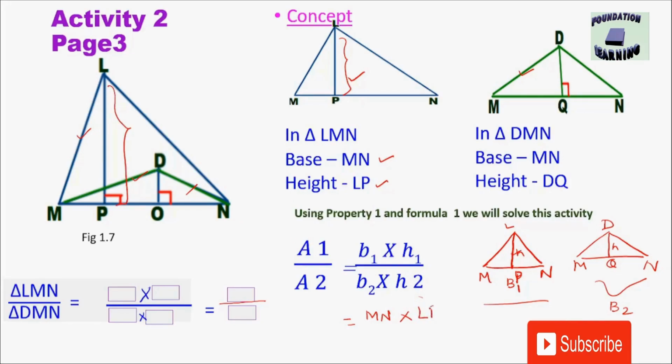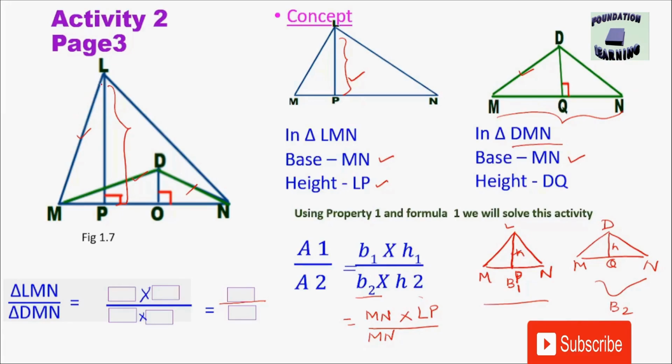Into LP upon, what is base 2? Base of the second triangle, which is DMN. So the base is MN again.